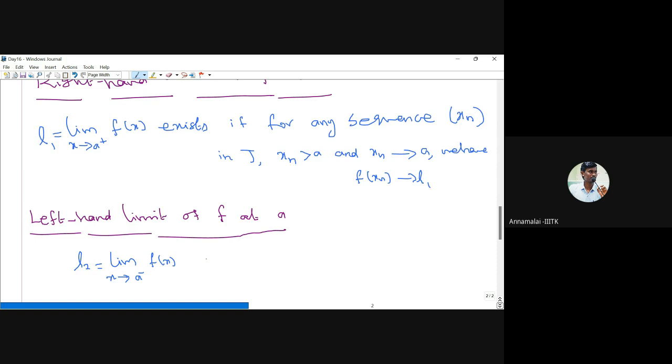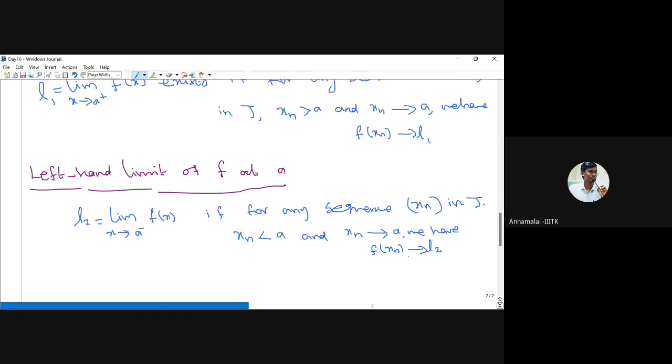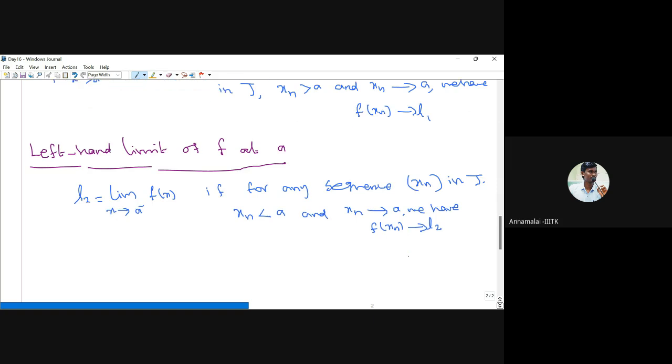When we say this, for any sequence xn in the domain J, where all the xn's are strictly less than A and xn converges to A, we have f of xn converges to L2. Then L2 is the left hand limit.